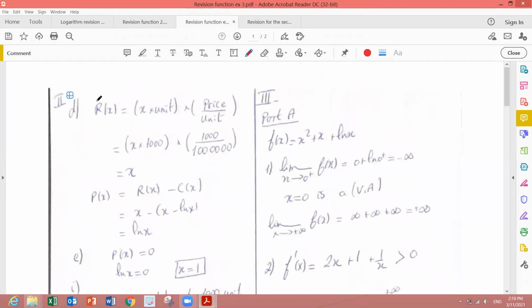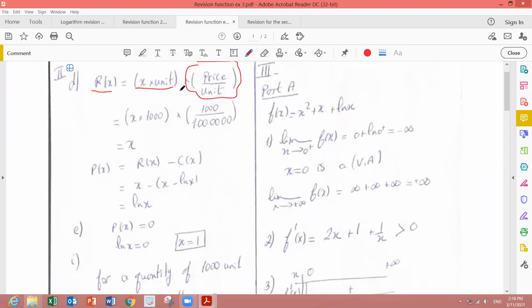So revenue R(x) equals x times the unit times the price per unit. The unit of the quantity is 1,000, the price is 1,000, over the unit of 1 million.